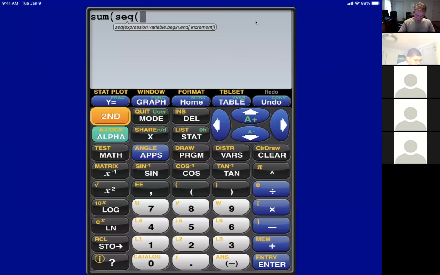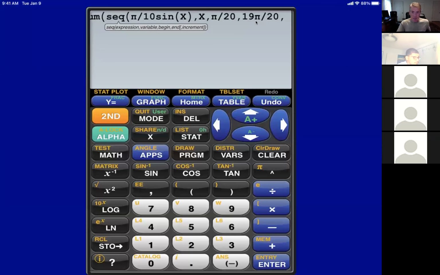Then we need the delta x, which is pi over 10. And then just put sine of x. And then you need to put comma, x is the variable. And then the starting point is pi over 20. The ending point is 19 pi over 20. And the last thing to put is the increment or the delta x, which is pi over 10.